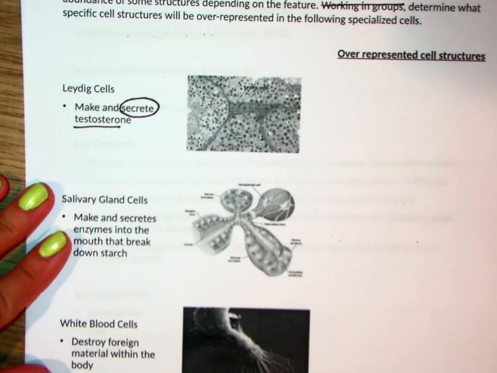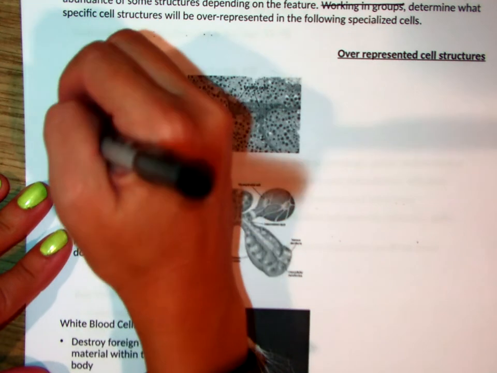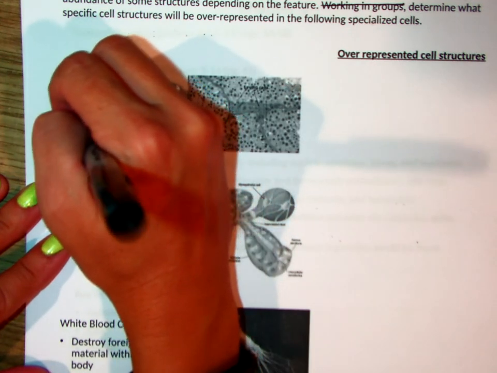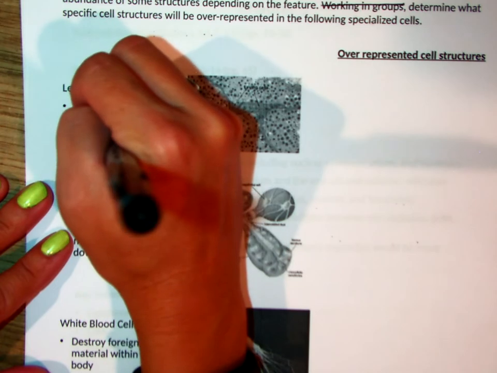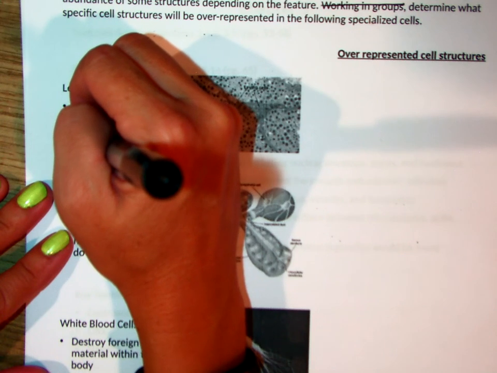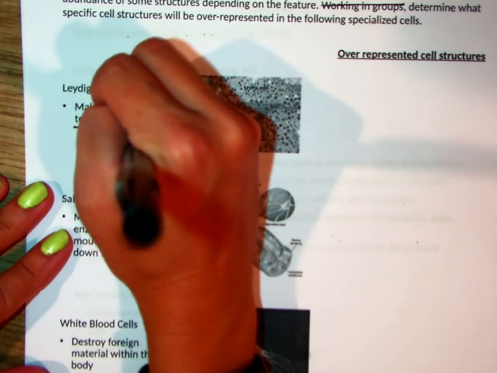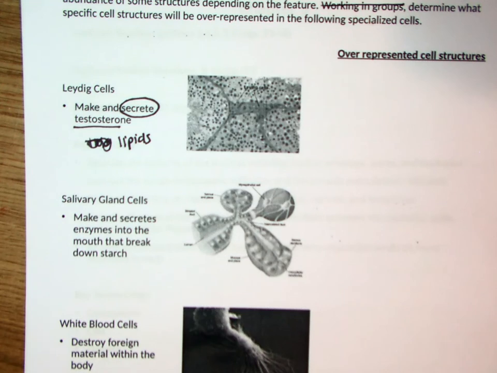So thinking back to our macromolecules, testosterone is a steroid, so it falls under our, I believe triglyceride, no, what are the fatty acids? Lipids. Falls under the lipids category.